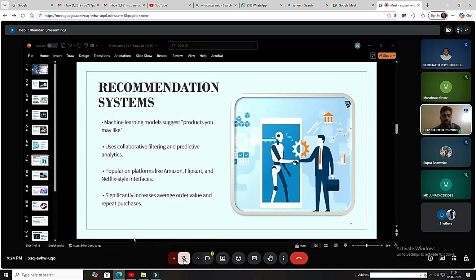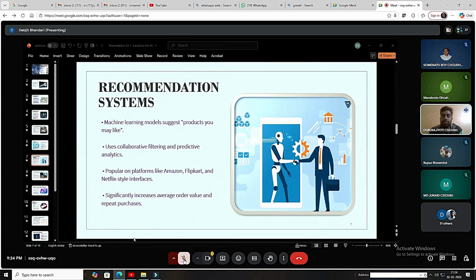So I'm Dhruvajyoti Mukherjee, and I'm talking about recommendation systems. These are machine learning based systems that analyze user behavior, such as searches, clicks, and purchases, to suggest products or content that the user is likely to prefer.